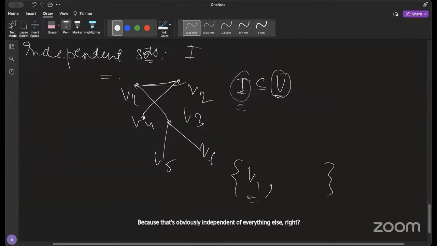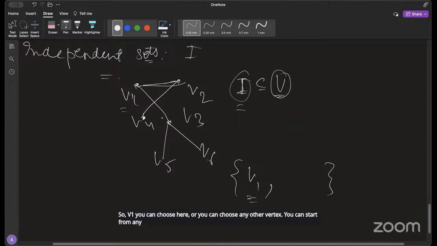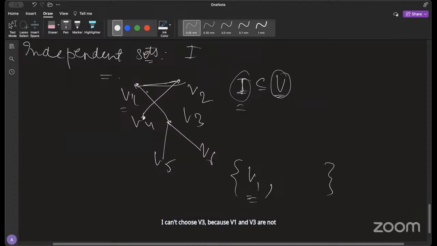If I've chosen V1, I can't choose V3 because V1 and V3 are not independent of each other. There's an edge, which means they're related. So I shouldn't be taking V3, and I can take V6 because V1 and V6 are not related.